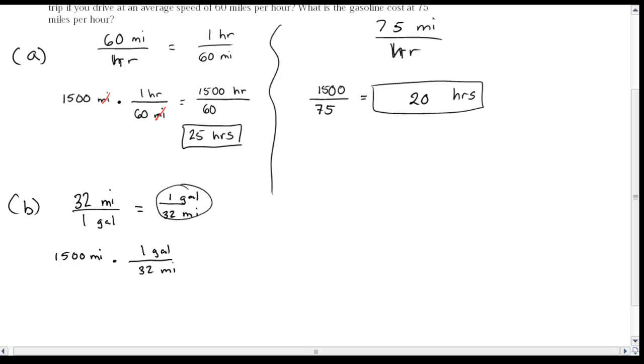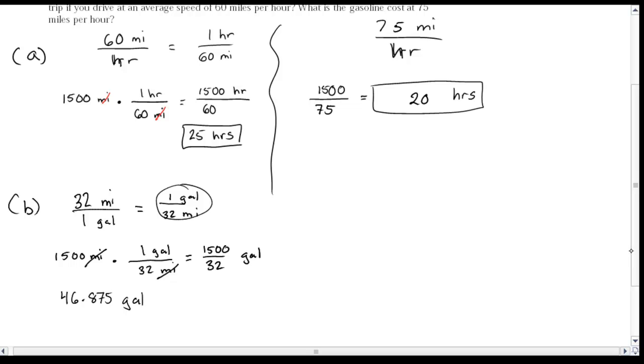Gallons on the top. Again, this is so common though, a lot of you would just divide and not even think about what's really going on with the fractions. So that's 1,500 over 32. The miles cancel. Gallons. So that's 46.875 gallons.